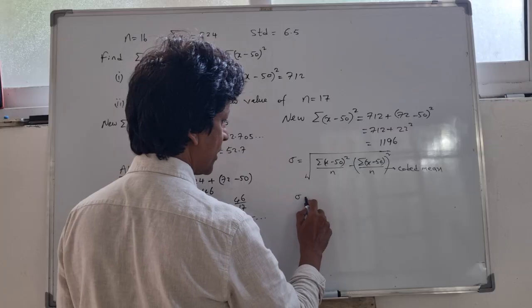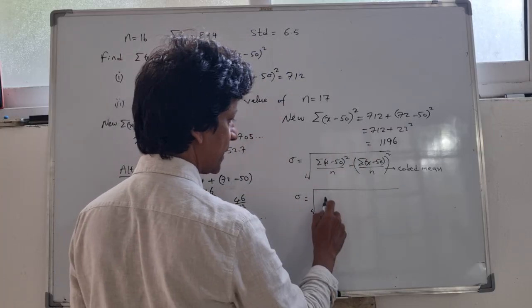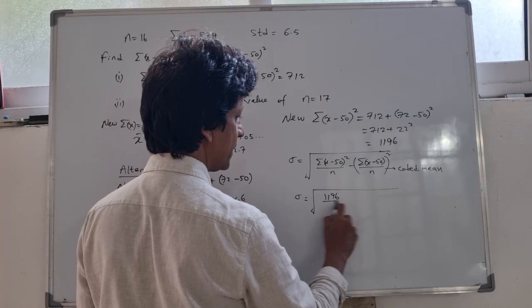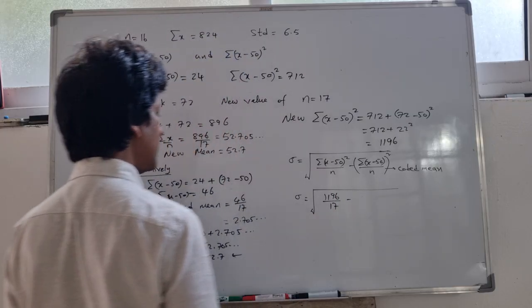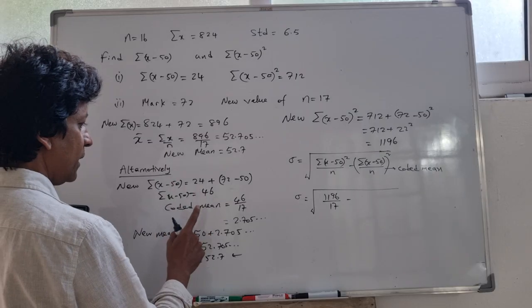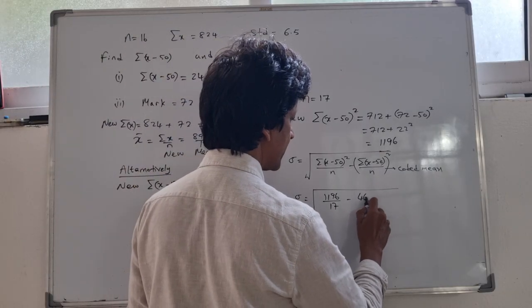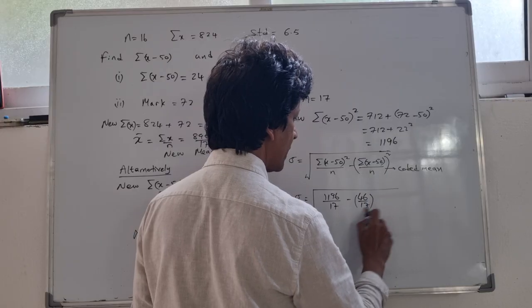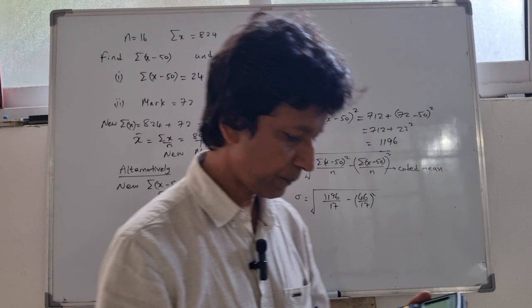So the standard deviation is going to be the square root of the summation of x minus 50 to the square, which was 1196 as calculated, divided now by 17 values, minus the coded mean. The coded mean was actually 46 over 17. So 46 over 17 and square the coded mean. So let's do this on the calculator now.